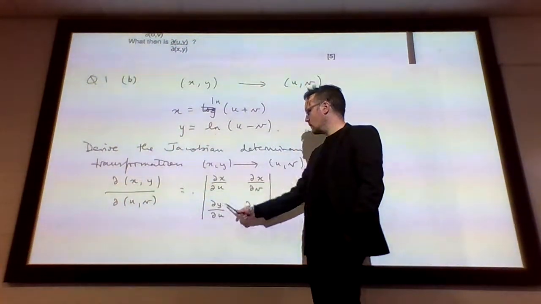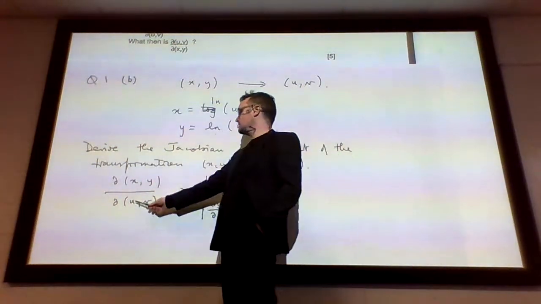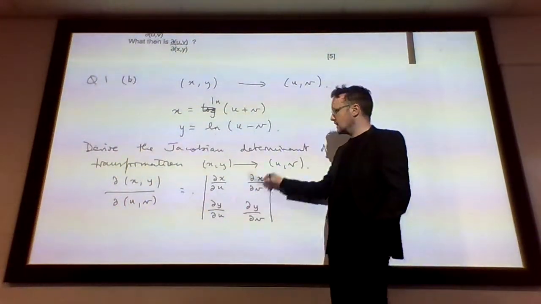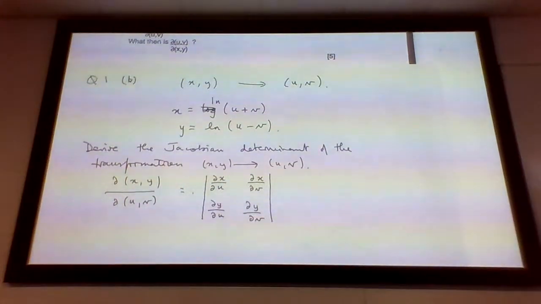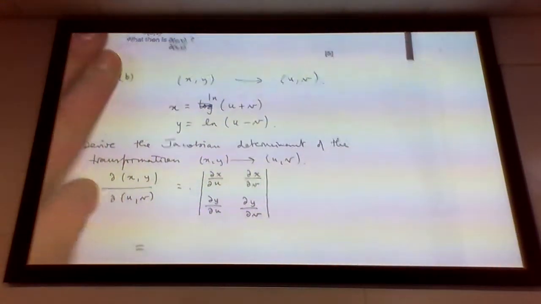You've got an x row and a y row, and it's the new variables, the u and the v, which index the columns. You've got a u column and a v column. So each of these 4 derivatives can, of course, be obtained from the transformation equations, and then we'll just take the determinant and do any simplifications that we can do.